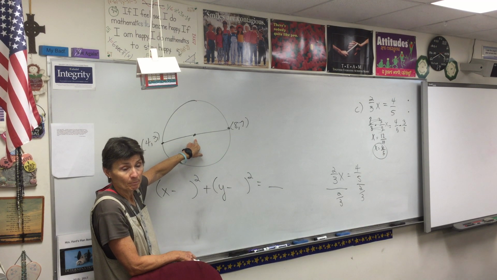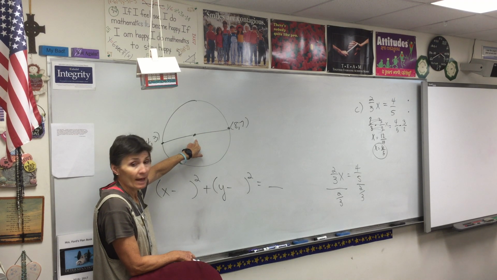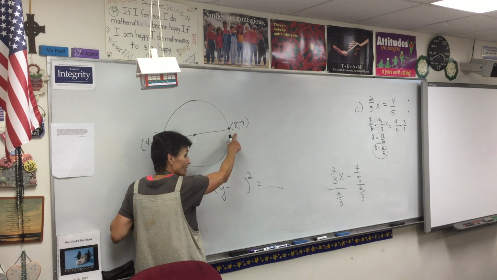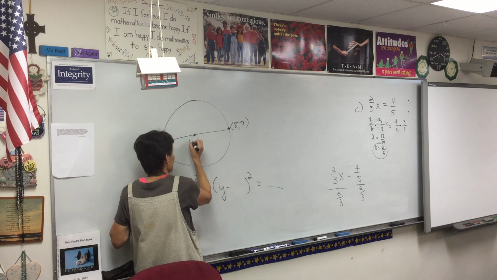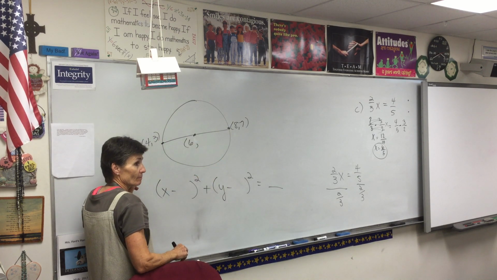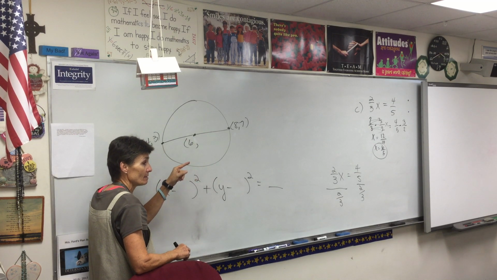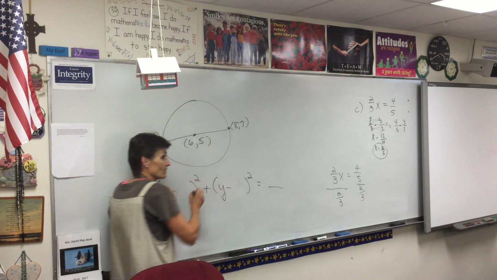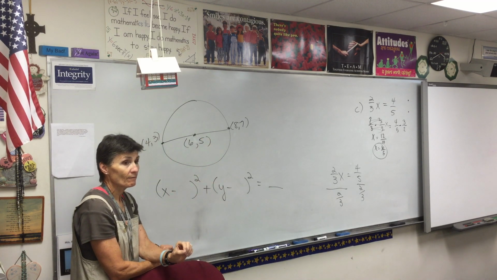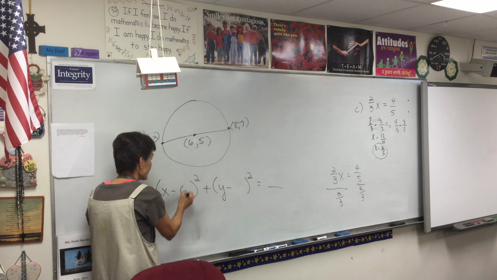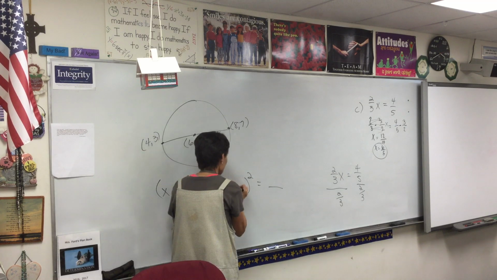And how do I find midpoint? I average, right? I add and divide by 2. So 4 and 8 makes 12, divided by 2 is 6. You with me? And then 3 and 7 makes 10, divided by 2 is 5. So the center of the circle is (6, 5). So x minus 6, y minus 5.